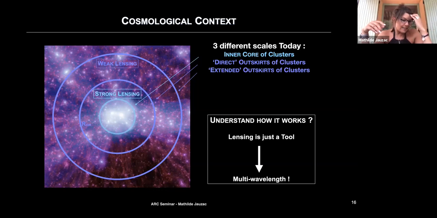But like I said, lensing is just a tool, and with just lensing, you can't do much. As you'll see, you need to combine it with multi-wavelength observations in order to draw conclusions.